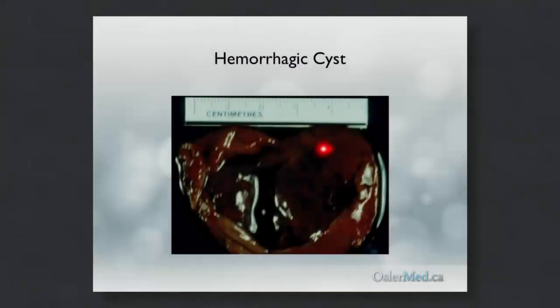Another appearance that I've already shown you is the retractile blood clot. This is an example of organized blood clot within an ovarian cyst, and as it organizes, it retracts away from the cyst wall.